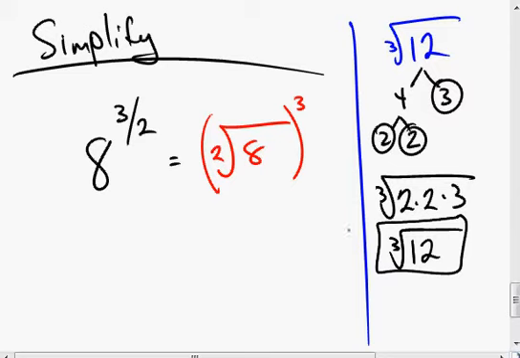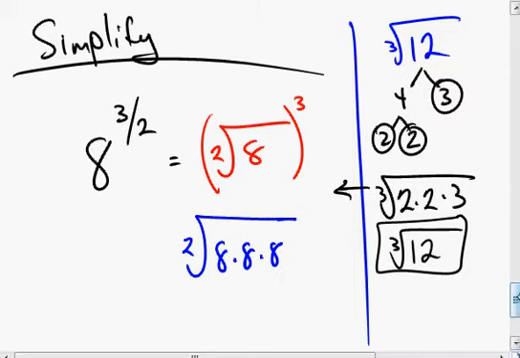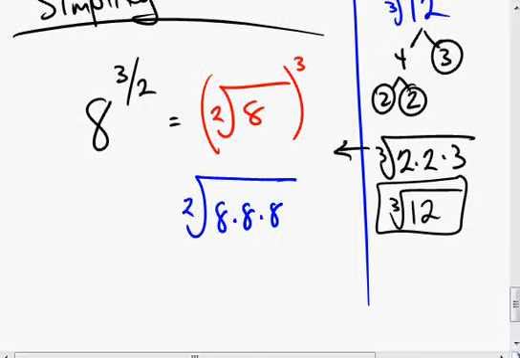Now, back to this question over here. 8 to the power of 3 over 2, written in radical form here in the red. You could imagine that this is the same as the square root of 8 times 8 times 8. Here's a really nice way to think about these. This bottom number, the index, that's what you need.